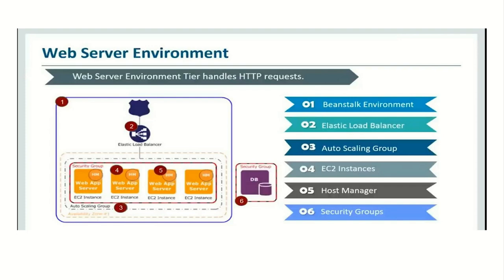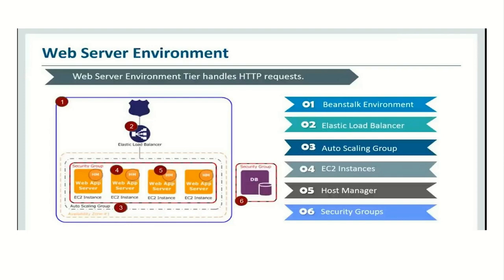Then we have EC2 instance. Whenever we are trying to launch an Elastic Beanstalk environment, Beanstalk will assign our application a suitable EC2 instance. But the software stack, like the operating system, the server, and different software which are supposed to be installed on our instance, is decided by something called container type.